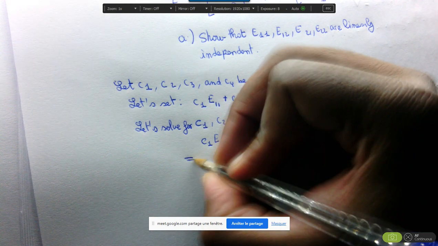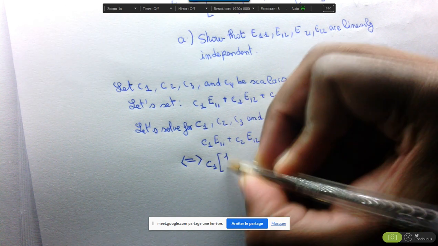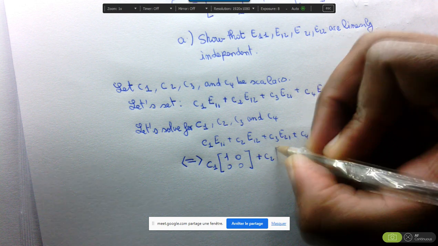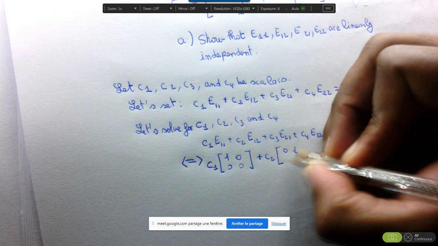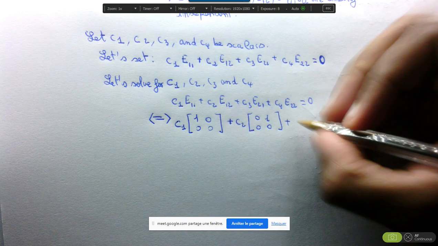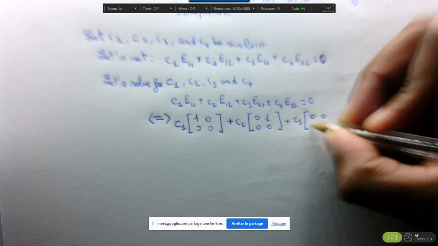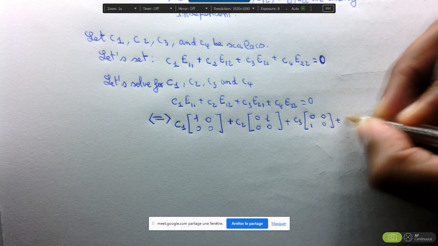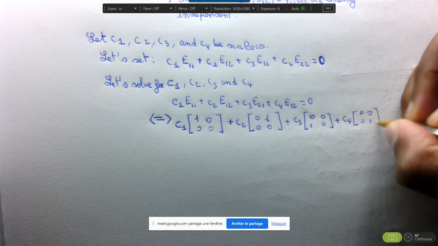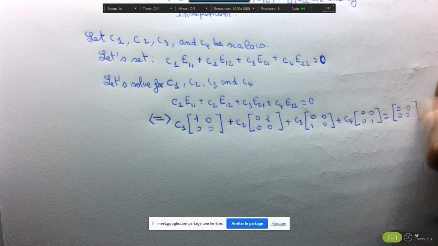That is equivalent to C1 [1 0; 0 0] plus C2 [0 1; 0 0] plus C3 [0 0; 1 0] plus C4 [0 0; 0 1] equals the 0 matrix [0 0; 0 0].